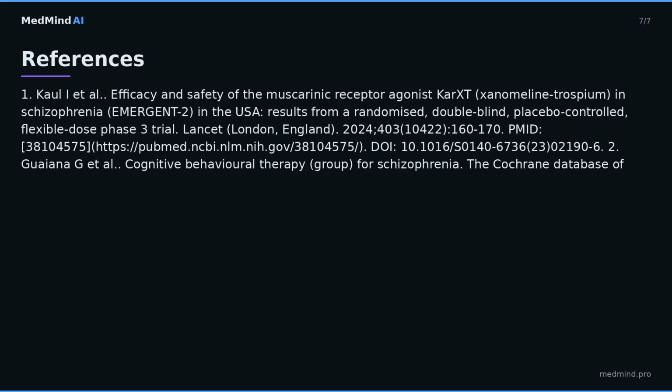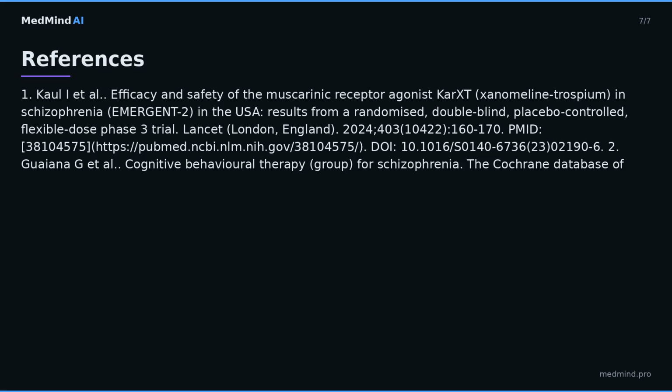PMID 38104575. https://pubmed.ncbi.nlm.nih.gov/38104575. doi 10.1016/S0140-6736(23)02190-6.